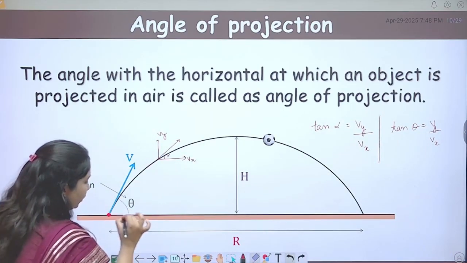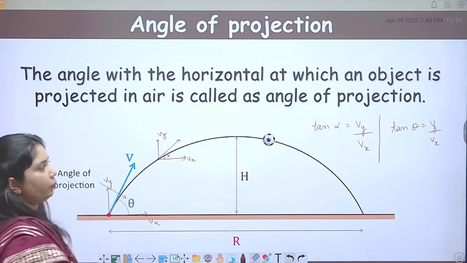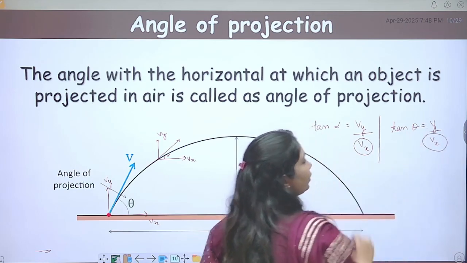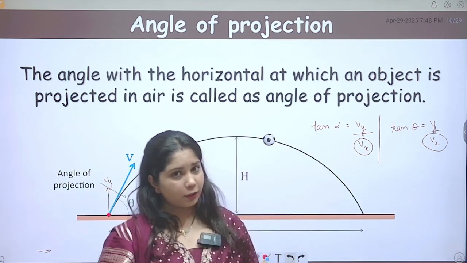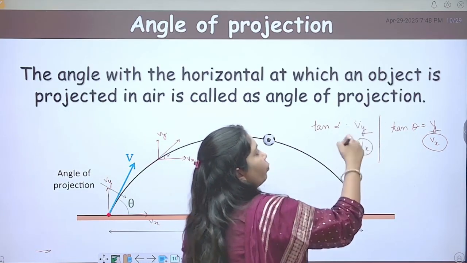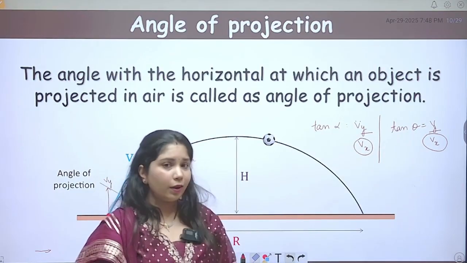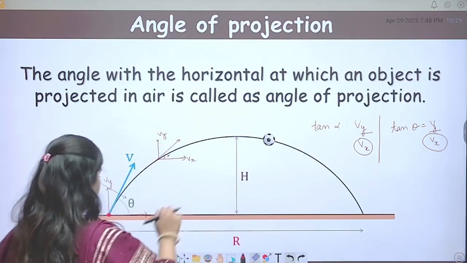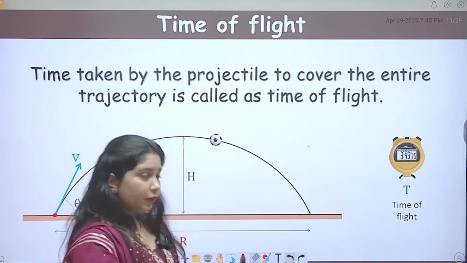I will resolve this into two components, that is Vx and Vy. Now you know that the x component is constant for the whole projectile motion, but the y component changes. Due to the change of that y component, the velocity changes, and as the velocity changes, the angle changes. This is the reason that the angle changes for the projectile motion at different instants.